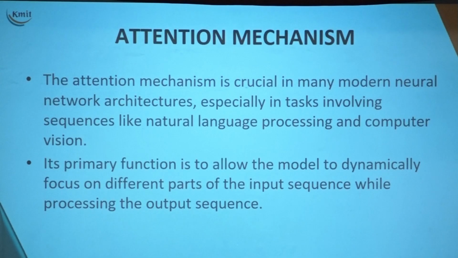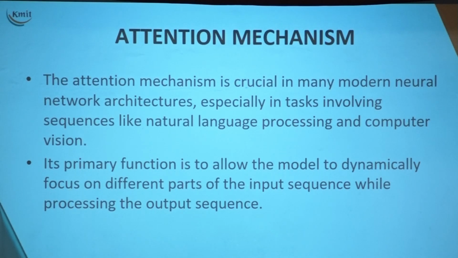Now, attention mechanism is crucial in many modern neural network architectures, especially in the tasks that involve NLP and also computer vision. So two major areas of applications of attention are there. That is the reason. Computer vision will come, then only you can go for image captioning. Yes or no? If you know NLP, then only you can go for text summarization or recommendation systems.